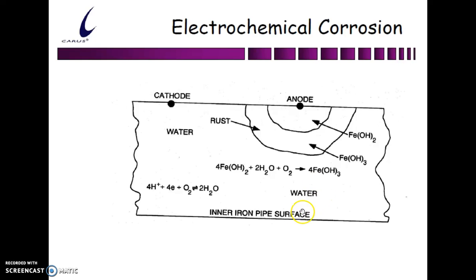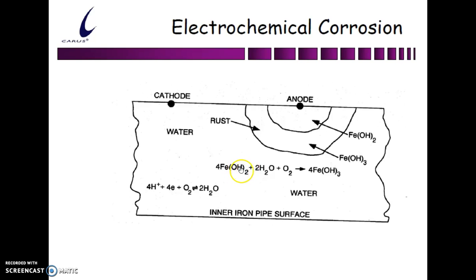Another way of looking at it would be if you have, again, looking at a cross-section of a pipe, you have water flowing, and here's a couple reactions that, just for your purposes now, just be aware of, where you have water as the electrolyte, you have a cathode, and then you have an anode. And what happens on the anode is that iron gets released as ferrous iron.